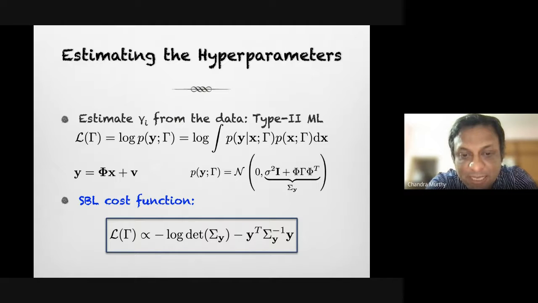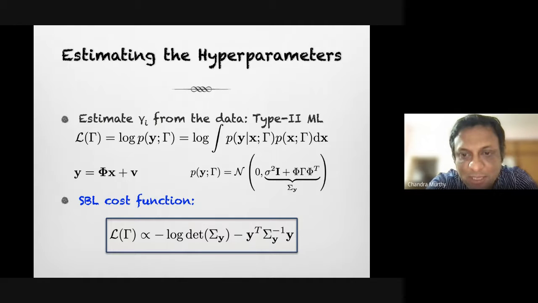So you will get a negative log determinant of sigma Y, plus there will be a quadratic term in the exponent. When I take the log, I'll get that as minus Y transpose sigma Y inverse times Y. So this is the cost function that I need to maximize in order to find the estimate of gamma.